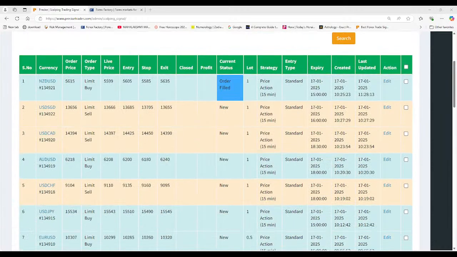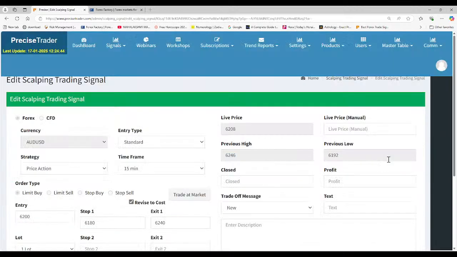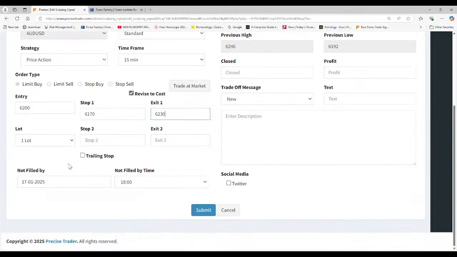So we are trying to buy at 62, stop at 61.80 and 62.40. Okay, what we can do is, since we are trying to go near the market, we'll try to reduce the stop. Reduce the stop to 70 and reduce the TP to 30 and reduce the lot size to half lot.